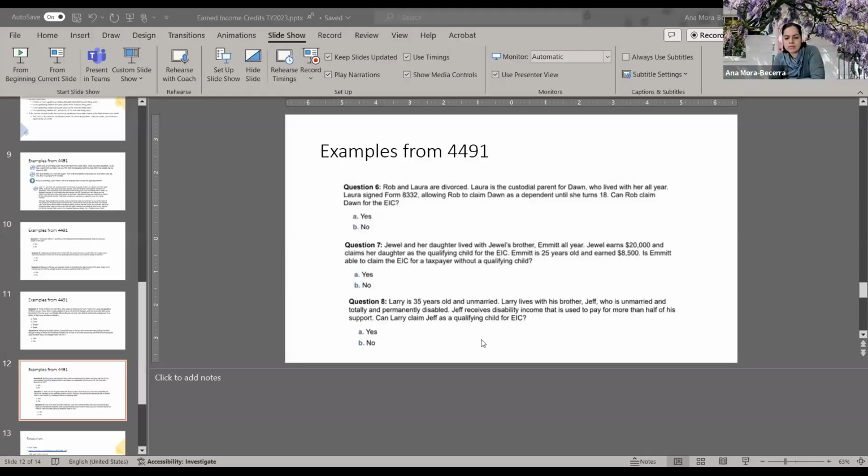So we have examples in the back, and it always gets confusing to me. There's a scenario where it's, I think, the grandma and the daughter, and it seems like both can claim the qualifying child. And the part that always gets confusing to me is the relationship piece of it.